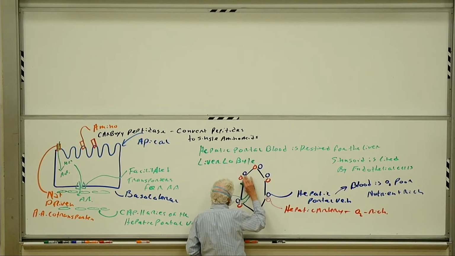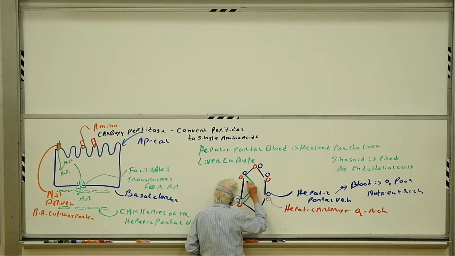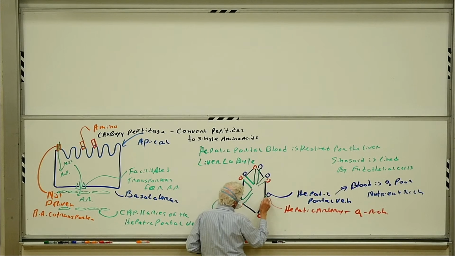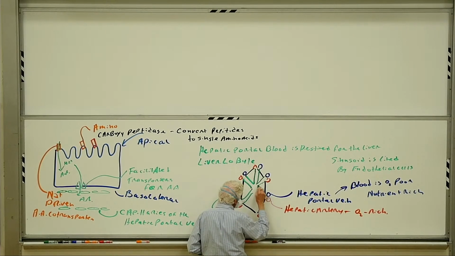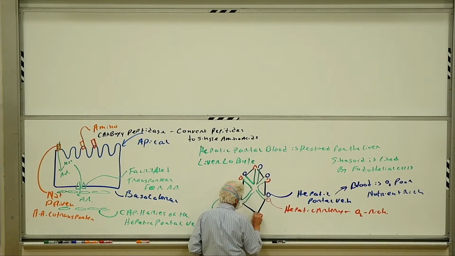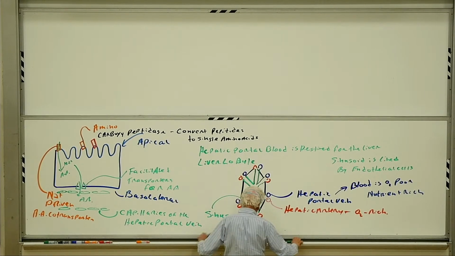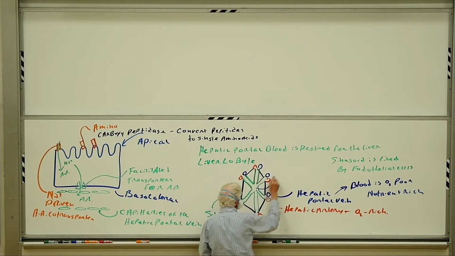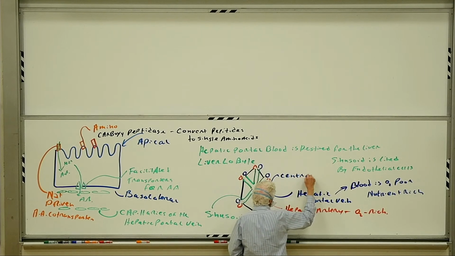And from each corner, we have a sinusoid. It comes down and empties into something known as a central vein. So this is the central vein.